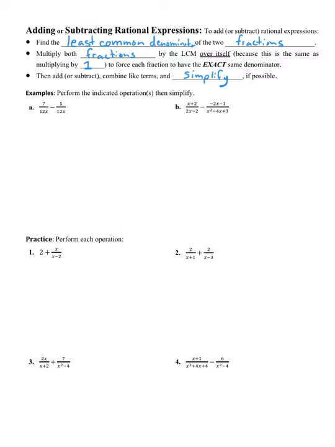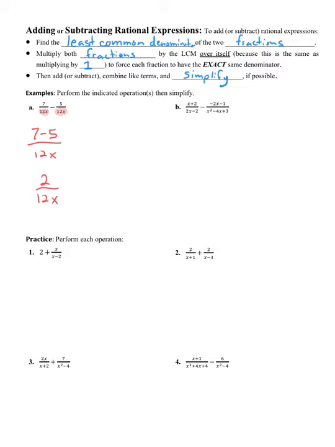So first example here, example A, says 7 over 12x minus 5 over 12x. This already has our least common denominator, 12x. That's kind of nice. So in reality, this is just 7 minus 5 over 12x, which is going to be 2 over 12x.